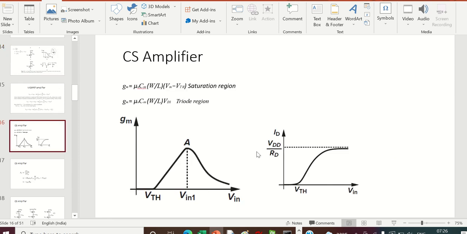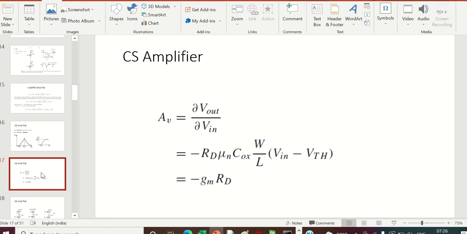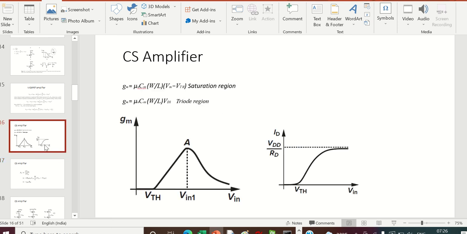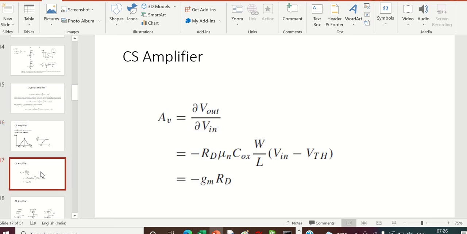This plot is also important. If we keep increasing V in, wait, Gm, I think this is not required right now for you guys, unnecessarily. So today we will stop at this point.